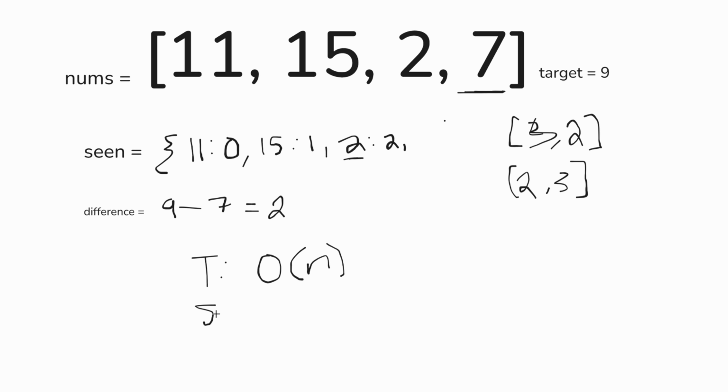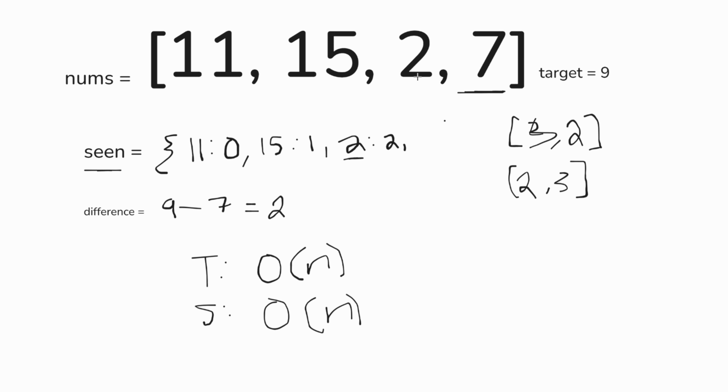But it does increase the space complexity because we initialized a hash map, which is the seen hash map over here. The seen hash map is going to hold all the values that we've seen as we pass through this nums array. So at most, we're going to hold n elements, which is the number of elements in this nums array.